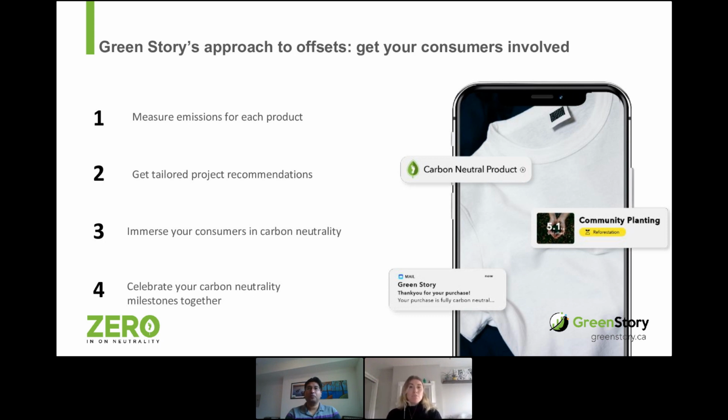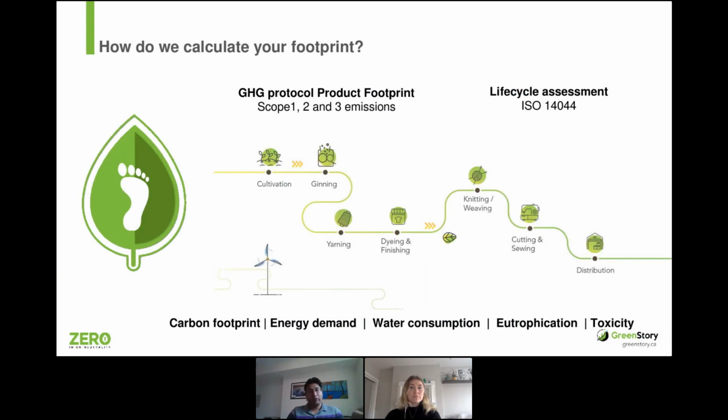And so you mentioned that you're looking at the footprint for each product. So how is Green Story actually calculating the footprint at the product level specifically? Right. So in order to calculate the footprint at a product level, we have to look at what we call cradle to grave, which includes every step along the product's value chain, starting from raw material acquisition, manufacturing, distribution, shipping, use phase, and disposal.